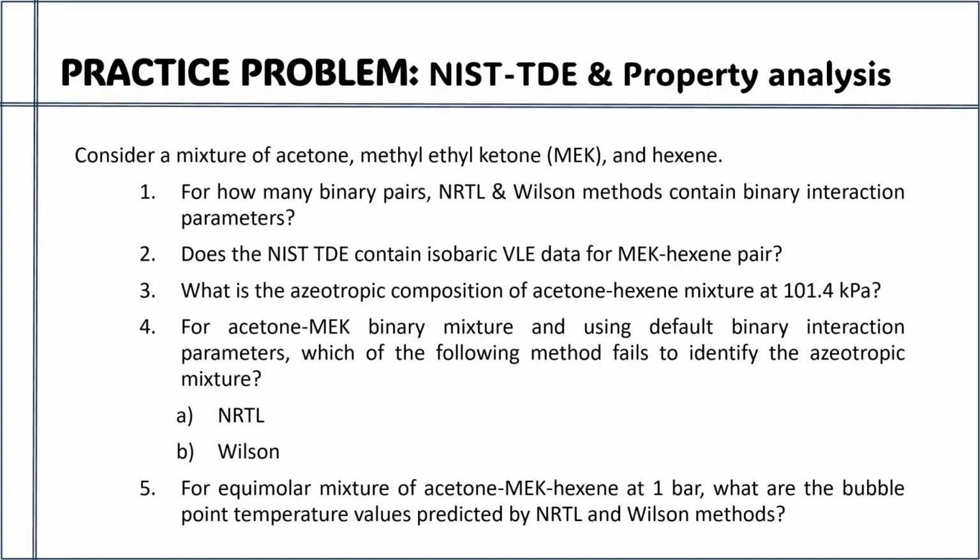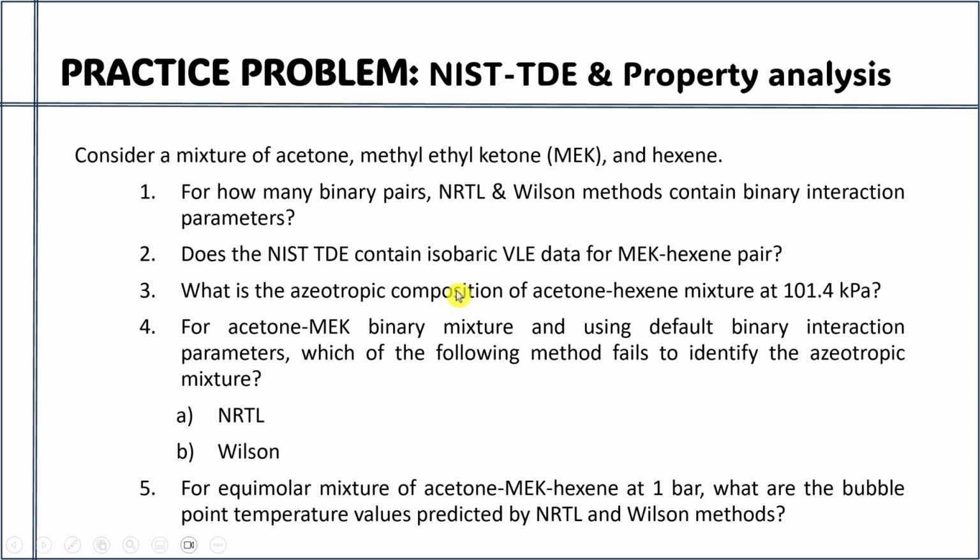For further practice, I recommend the following exercise. Consider a mixture of acetone, methyl ethyl ketone and hexene. You are asked for how many binary pairs NRTL and Wilson methods contain binary interaction parameters. Does the NIST Thermodata Engine contain isobaric vapor liquid equilibrium data for the methyl ethyl ketone hexene mixture?